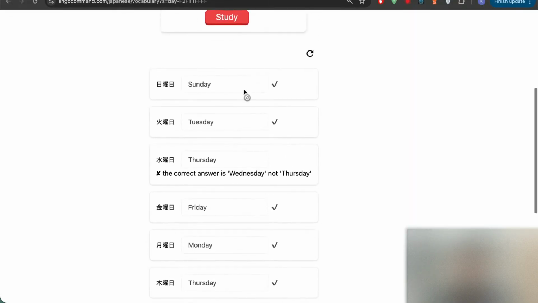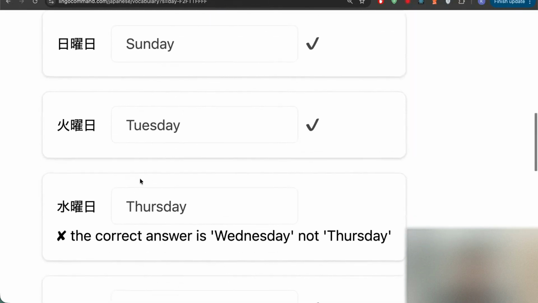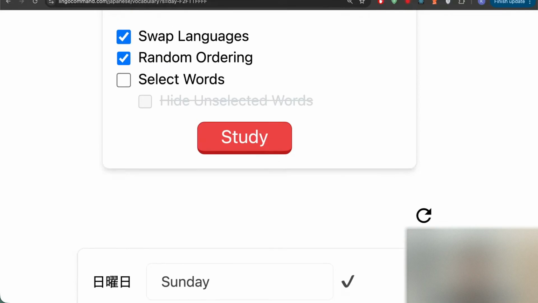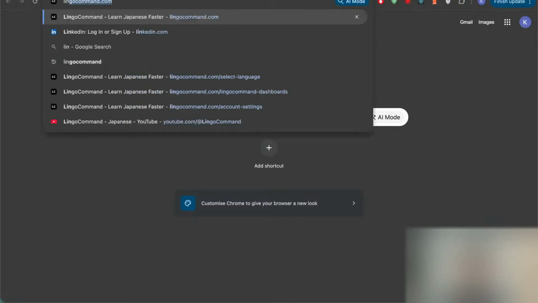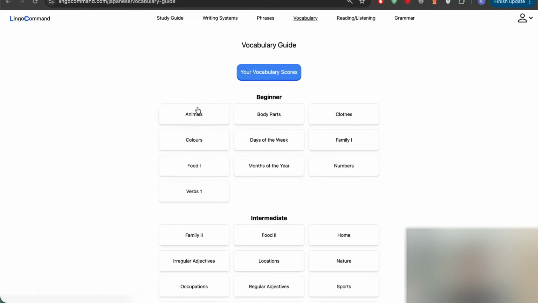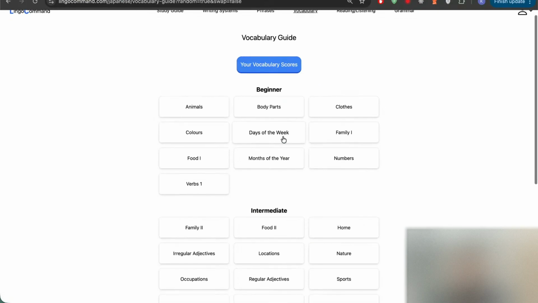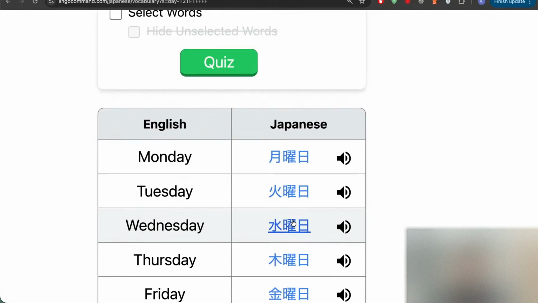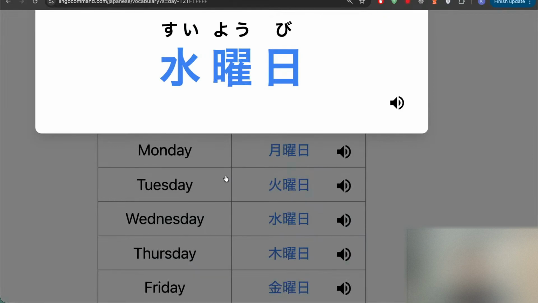So the one that really tripped me up was Suyobi. How am I going to remember this? Let's take a look at the stroke order. So we'll open a new tab here. And actually, we can also now look at this furigana breakdown. So we'll select hiragana, katakana, and kanji. We'll go here to Wednesday, and we see that this kanji, its breakdown is indeed sui, kind of as expected.